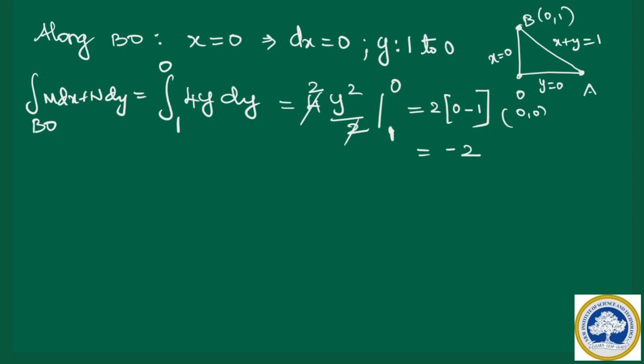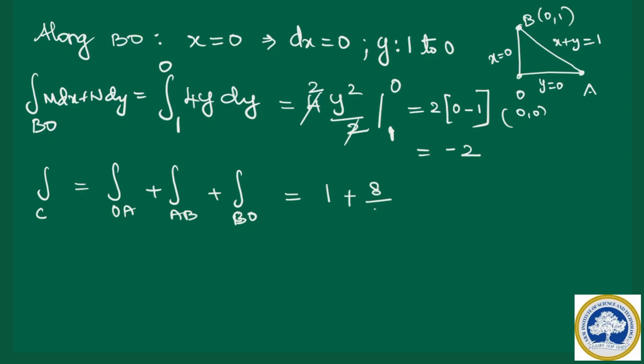Right? So now what are the values we calculated? Along C is nothing but along OA plus along AB plus along BO. So here the first value is along OA, the answer is 1, and the next answer is plus 8 by 3, and this is minus 2. So on simplification this gives you 5 by 3.